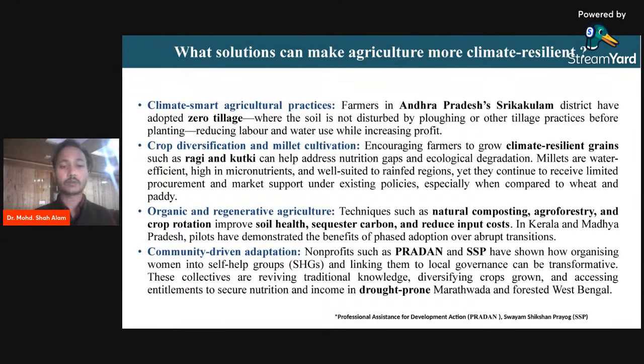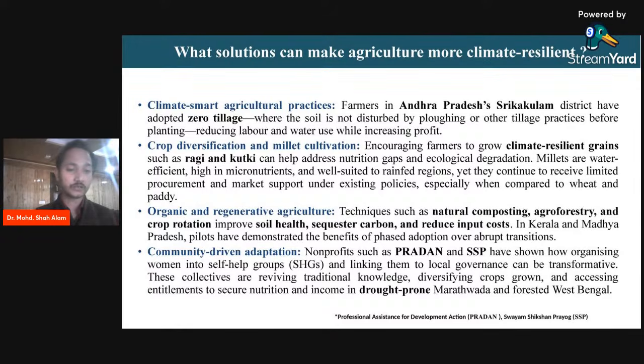The next is crop diversification and millet cultivation. As we know, the major crop rotation of India is rice and wheat, and due to this, the associated weeds, diseases, insects and pests are continuously haunting the farmer and reducing the yield. Now we can encourage farmers to grow climate resilient grains like ragi and kutki, which can help address the nutritional gap and ecological degradation.